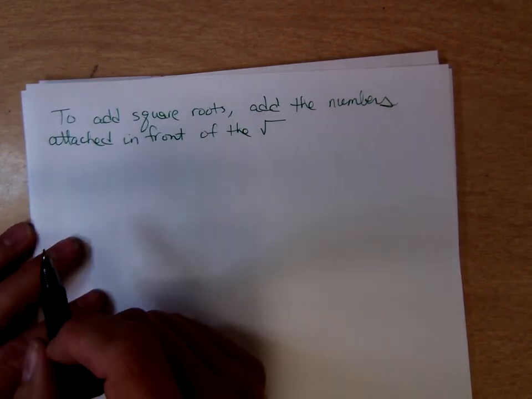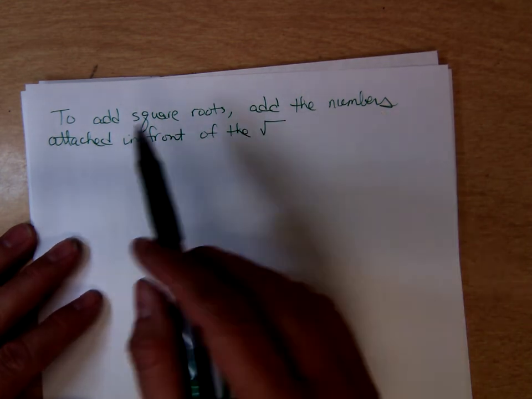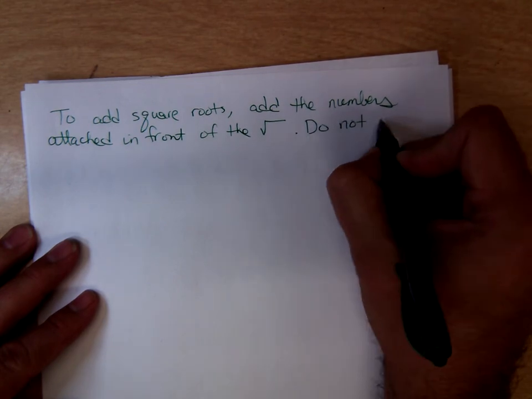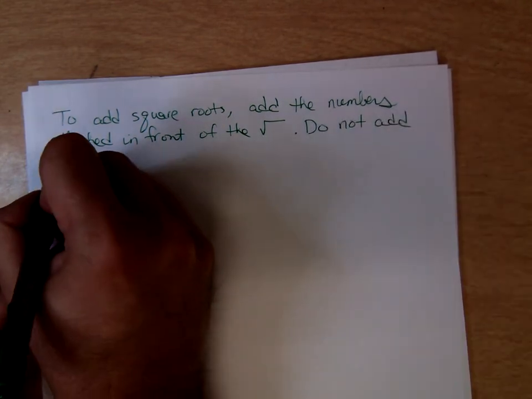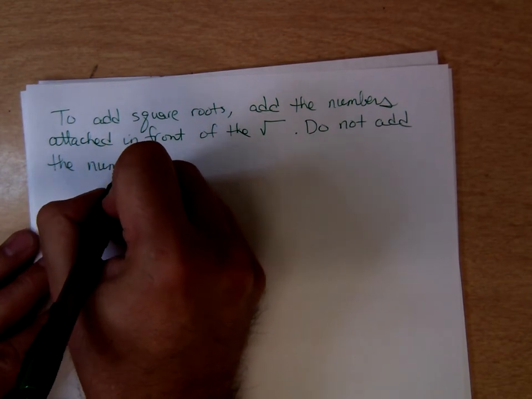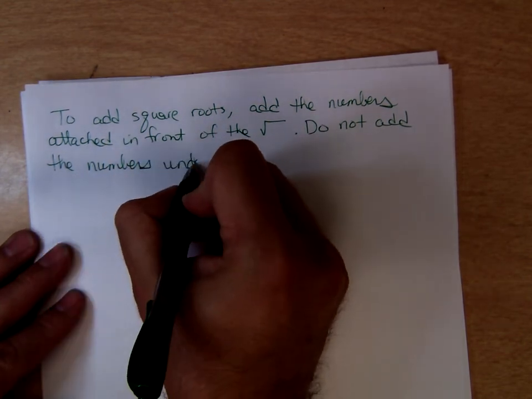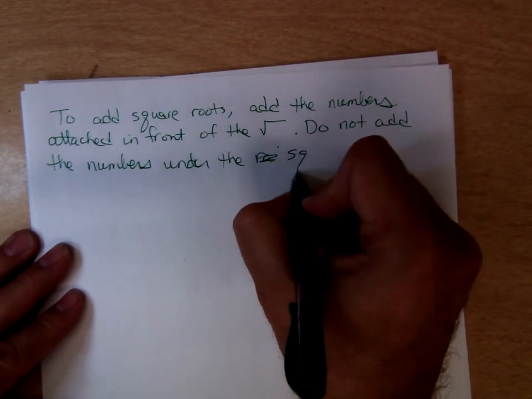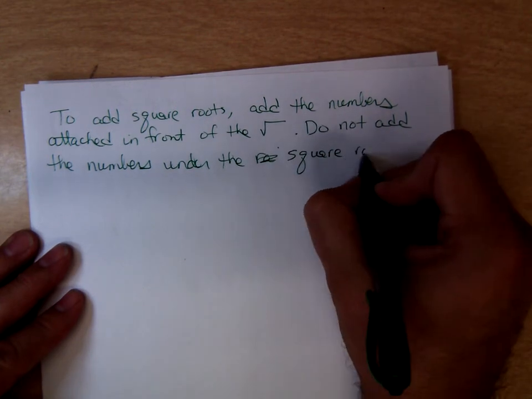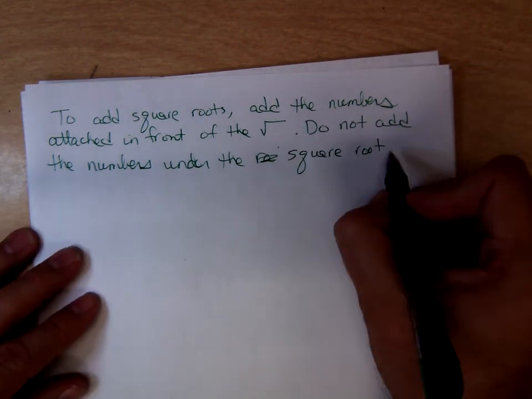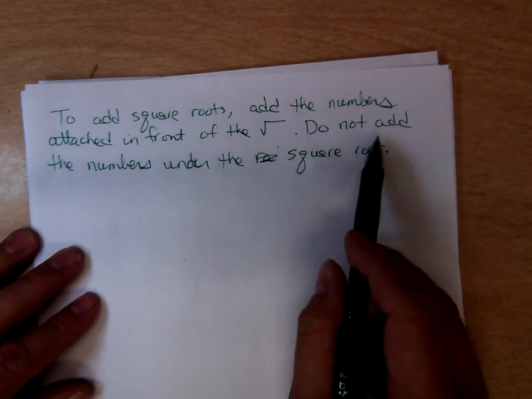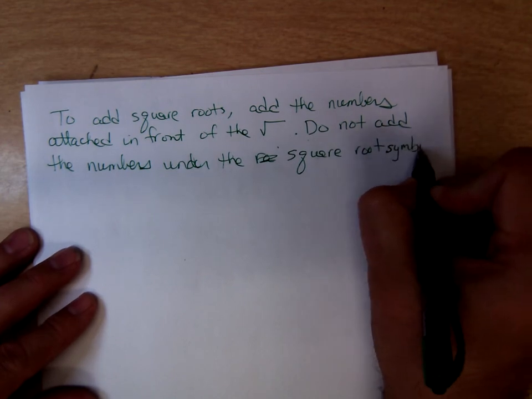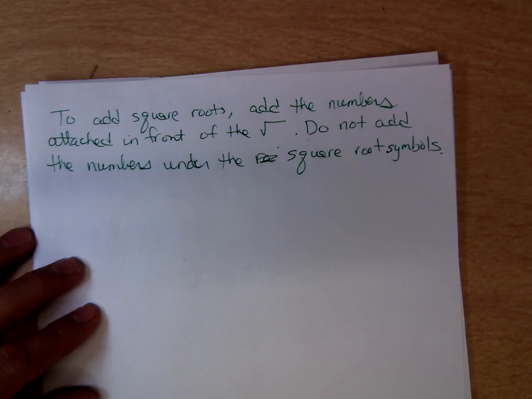To add square roots, add the numbers attached in front of the square root symbol. Do not add the numbers under the square root. The numbers under the square root symbols are called radicands. Do not add the numbers under the square root symbols. Just leave those alone. Just leave them as they are.